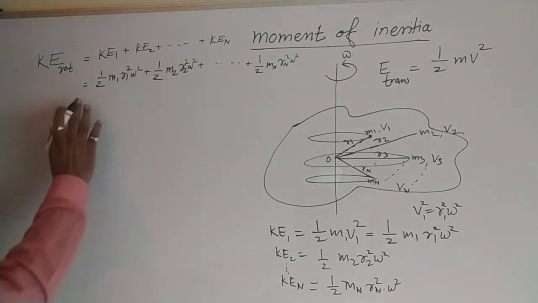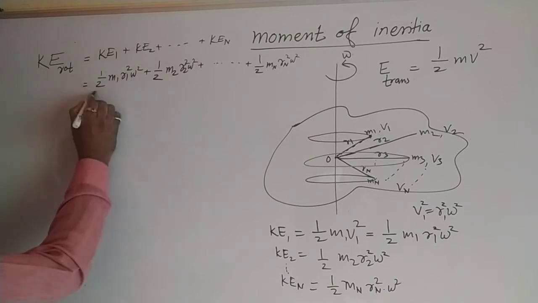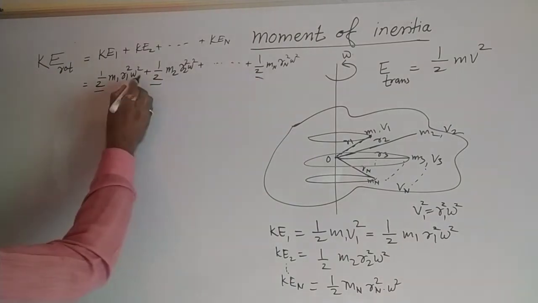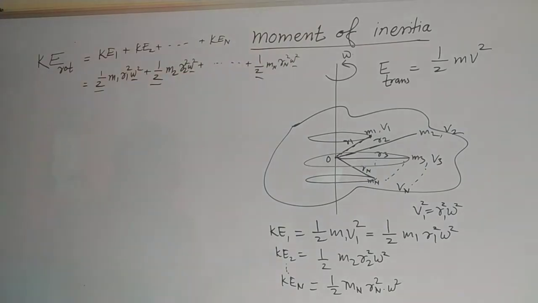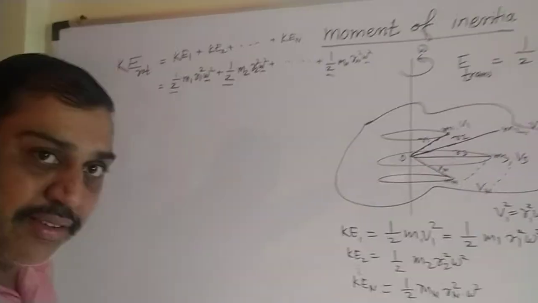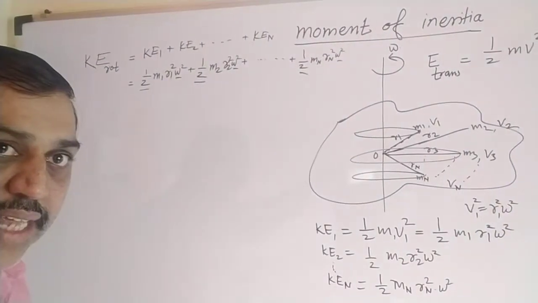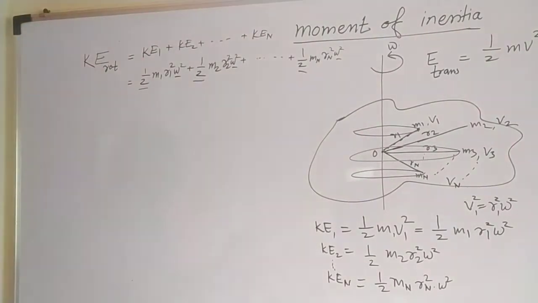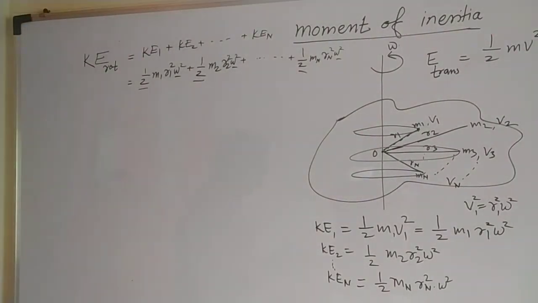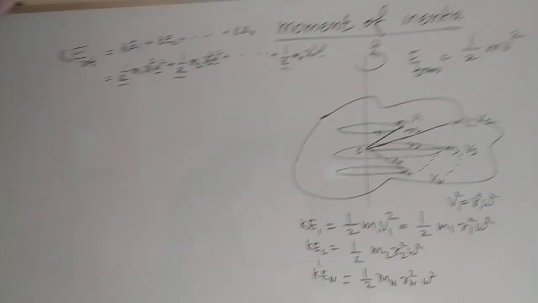Now in this case 1 by 2 is common and omega is common. Just see: 1 by 2, 1 by 2, 1 by 2; omega square, omega square, omega square. So we can write the same equation further by taking the common things out and rewriting the equation again.